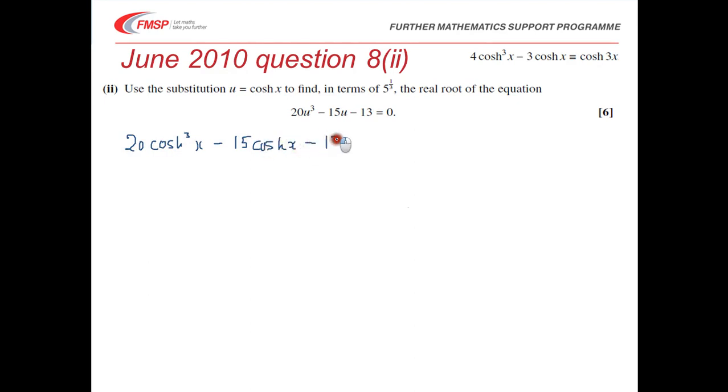minus 13 equals 0. Now if we look up here, this was the result that we established in part 1, and if I multiply that by 5, I would get 20 cosh cubed x minus 15 cosh x would be equal to 5 cosh 3x. So I am going to replace these first two terms by 5 cosh 3x.